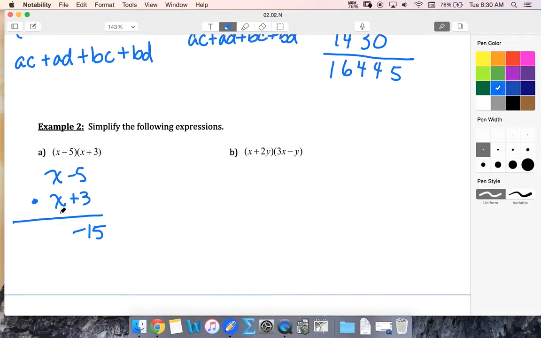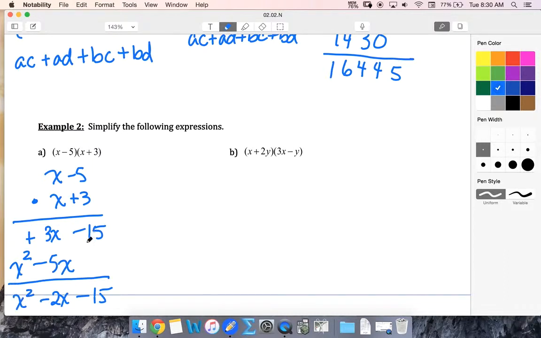X times 3 is positive 3x. Now I'm going to come down to the next line and move over a space. Negative 5 times x is negative 5x. X times x is a positive x squared. Now I can add the result. Negative 15, negative 2x, and x squared.